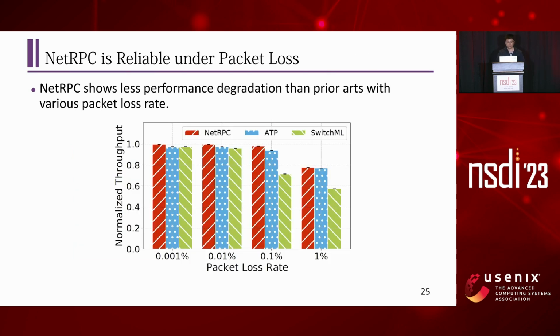And finally, we measure the NetRPC system performance under different packet loss rates compared with prior arts. And in all these different types of experiments, we can find that NetRPC shows the least performance degradation under different packet loss rates compared with prior distributed training systems.